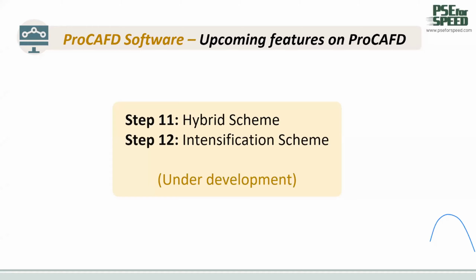I will show you how the distillation with membrane scheme that I showed you can be done. We have a prototype Excel-based tool, which we are going to convert into an option in ProCAFD. So I will just show you the steps for doing this hybrid scheme. And also in a similar way, another Excel-based tool where I will show you how a process flow sheet is converted to tasks, to phenomena, then generate the superstructure, and then generate the alternatives.